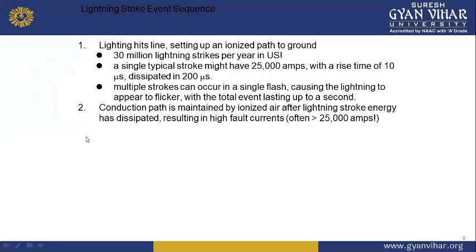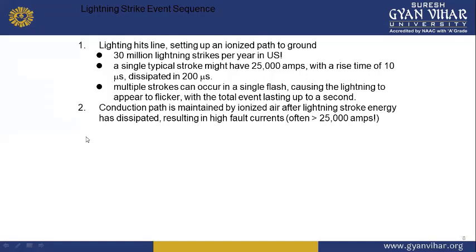It has been estimated that 30 million lightning strikes per year happen in the United States, which is among the highest occurrence rates of lightning strikes. A single typical stroke might have 25,000 amperes with a rise time of 10 microseconds, which can dissipate in 20 microseconds.